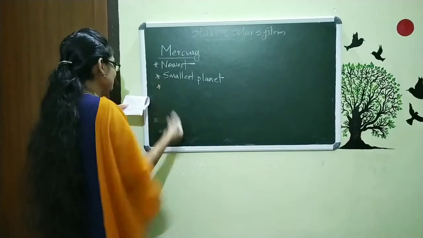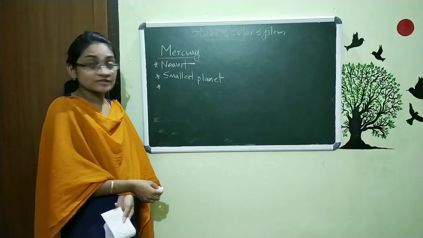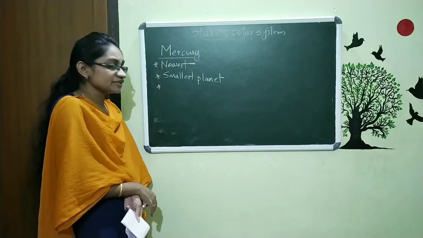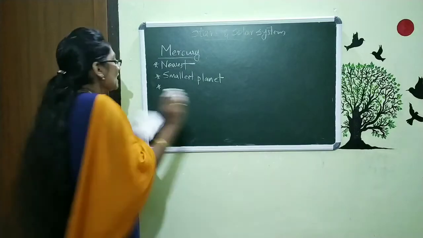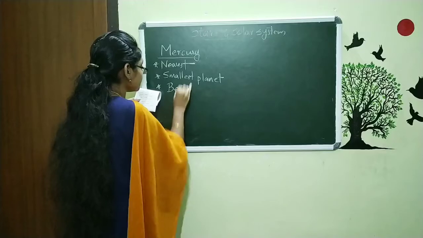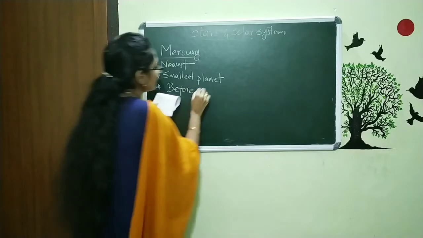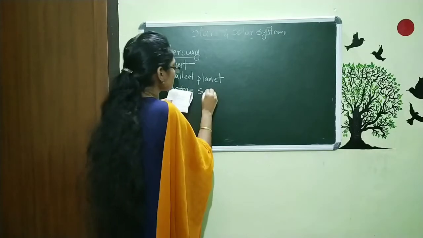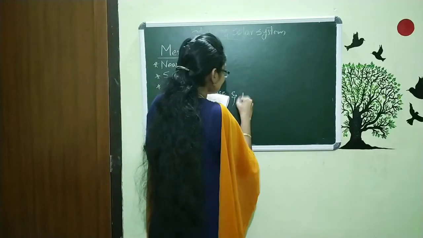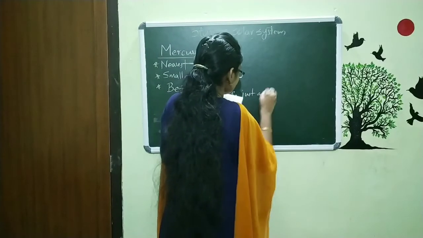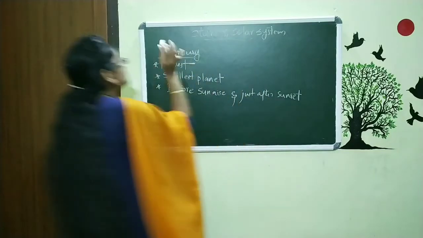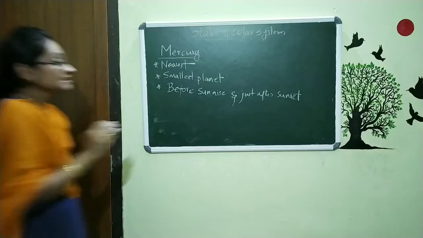The next point is that it is difficult to observe because it is very near to the Sun. We can observe this just before sunrise and just after sunset.